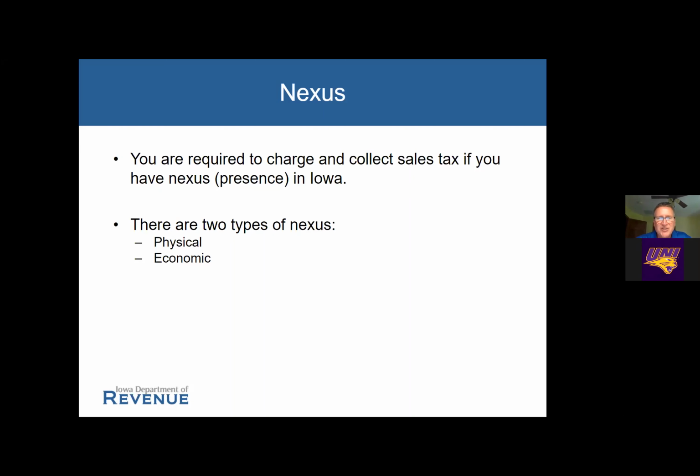The first one is physical Nexus, which we have had forever. There's also another type of Nexus, which is economic Nexus, and that's only been around for a few years now. I'll explain more about both of these in just a minute. But again, Nexus is a fancy term that means presence in Iowa, and if you have Nexus here, you must register and collect the applicable Iowa sales tax with us.